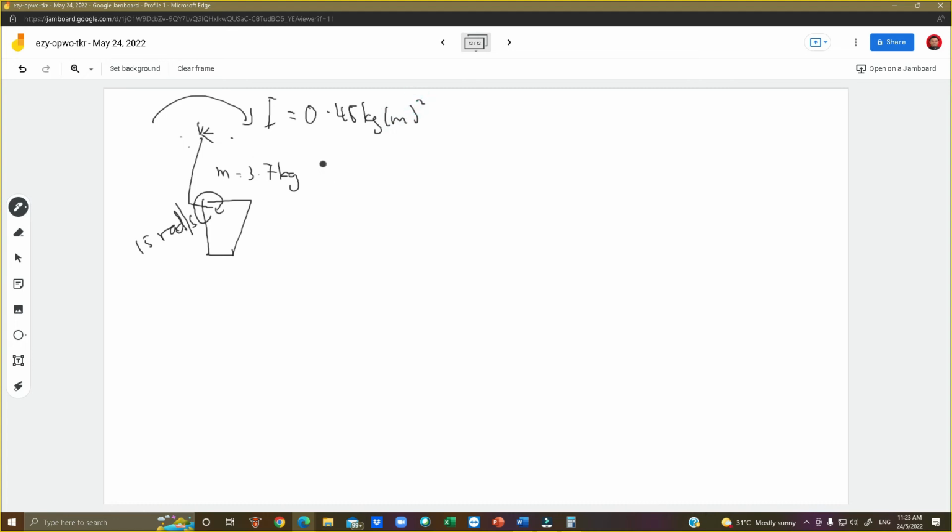The question is, what is the radius of gyration from the center of weight to the axis of rotation?